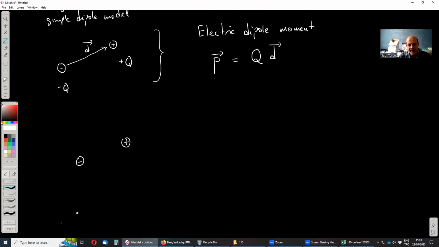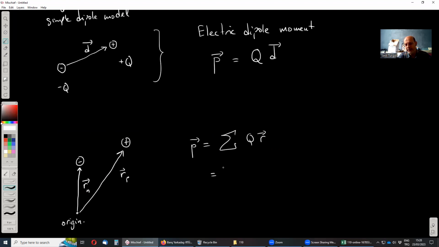So suppose that you have some kind of an origin here, and let's say that the negative charge has a position Rn, and the positive charge has a position Rp. The dipole moment can be defined as the sum of charges multiplied with the positions.